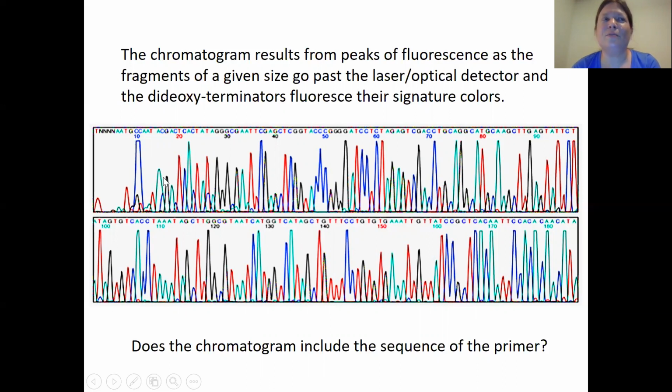So where's the first position that you could potentially add a dideoxy nucleotide? And is that ever going to give you the sequence of the primer? If you're not sure, ask your TA in block 2. But yeah, just think it through in those terms. How do we get sequence? Where and when do we start having the chance to add dideoxy terminators to our product?